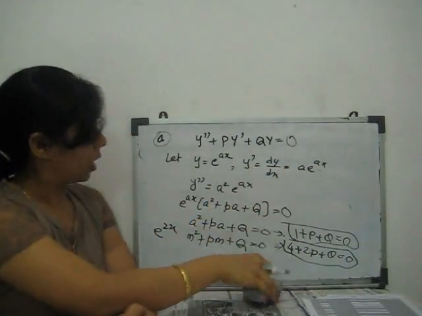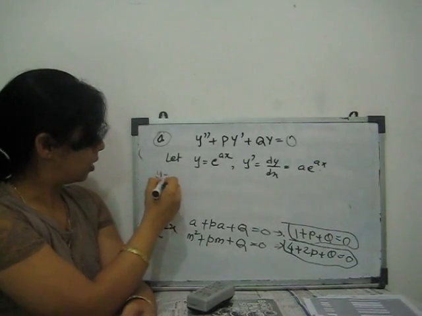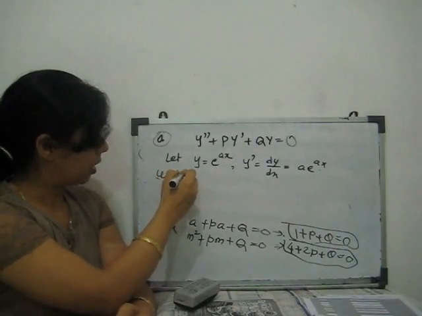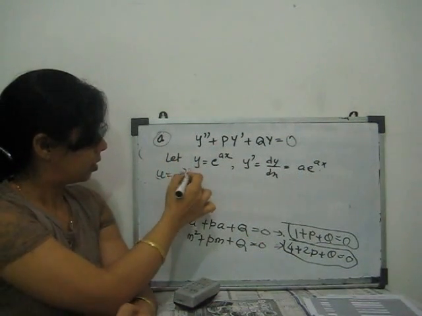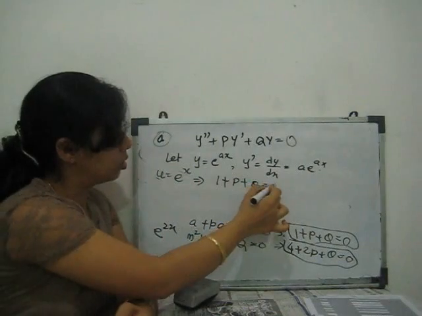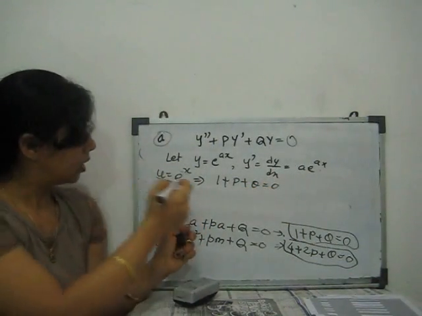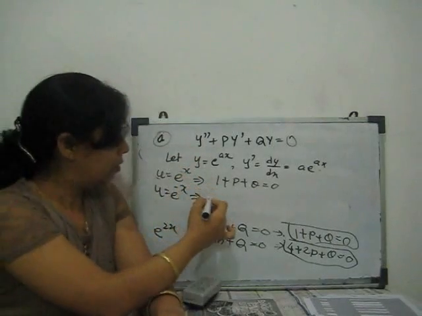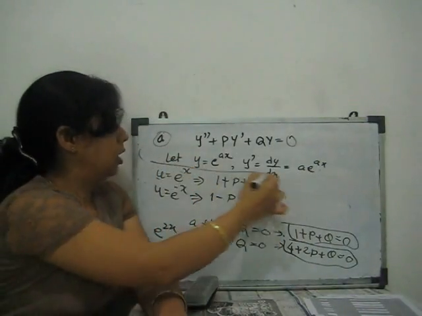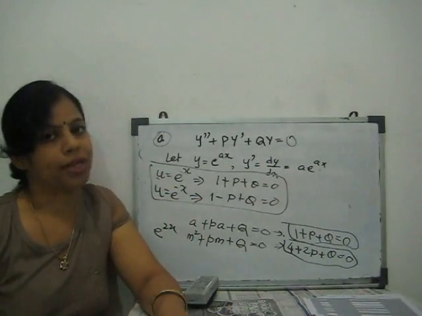So I can rewrite here, y, or we can say u, is equal to e to the power x, then the equation is 1 plus p plus q is equal to 0. If u is equal to e to the power minus x, then the equation is 1 minus p plus q is equal to 0. These two are the most important results when we see by inspection.